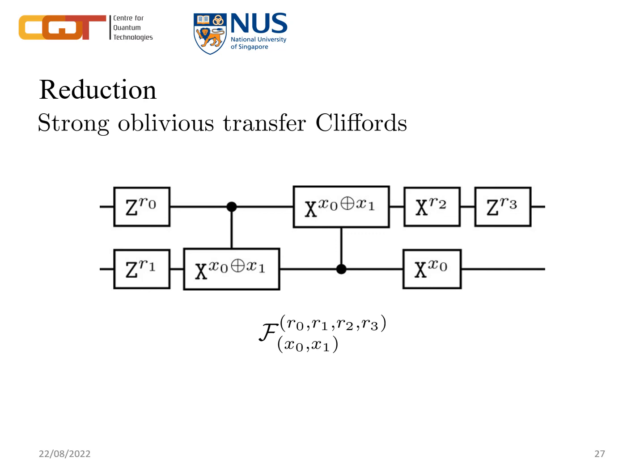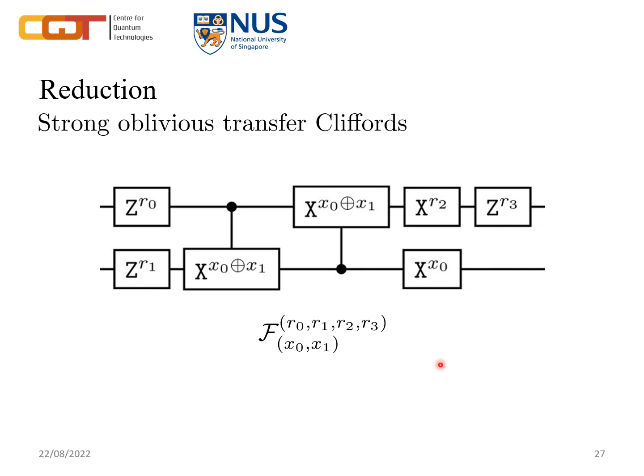The strong oblivious transfer channels can be realized with only Cliffords and 4 bits of uniform local randomness. That is, the completely dephasing channels can be realized by applying identity or Z-gate uniformly at random, and the completely depolarizing channel can be realized by applying identity, X-gate, Z-gate, ZX-gate uniformly at random.